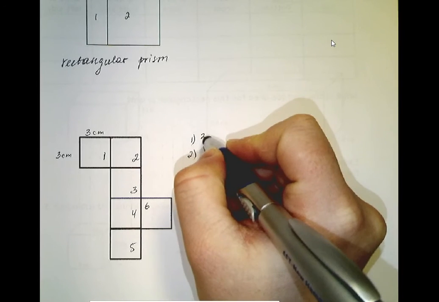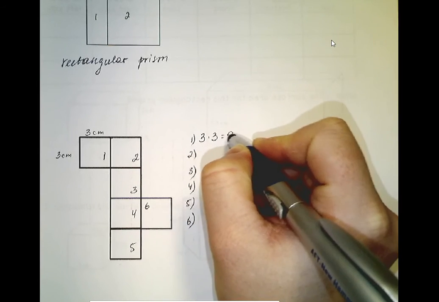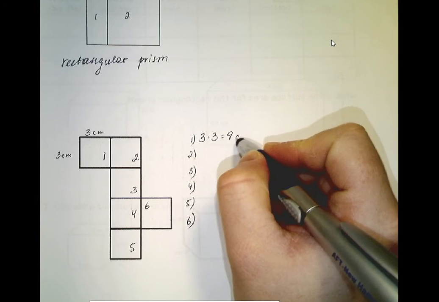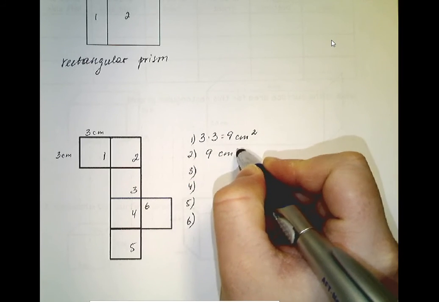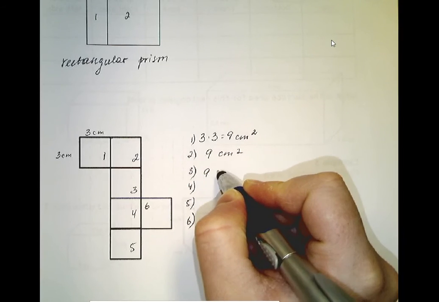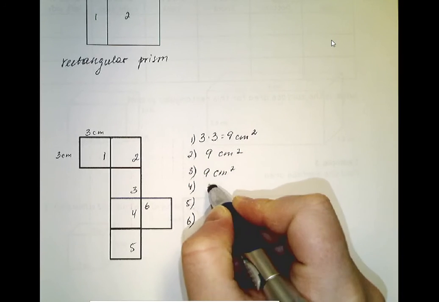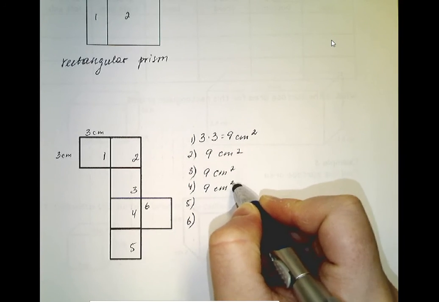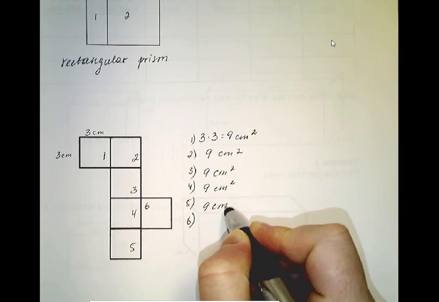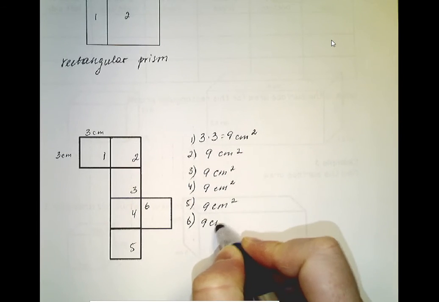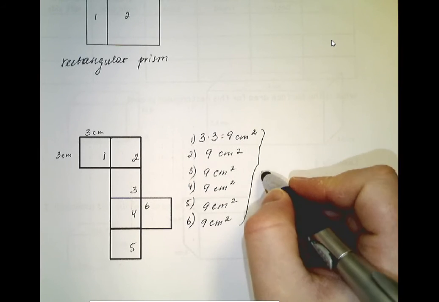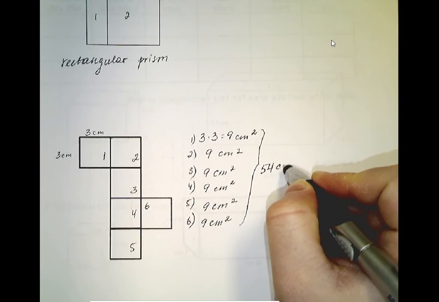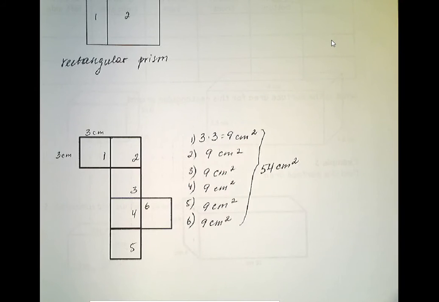So I'm going to multiply 3 by 3 to get 9 centimeters squared. And this is 9 centimeters squared. And this one is 9. All of them are 9 centimeters squared. So if I add them all together, I will get 54 centimeters squared.